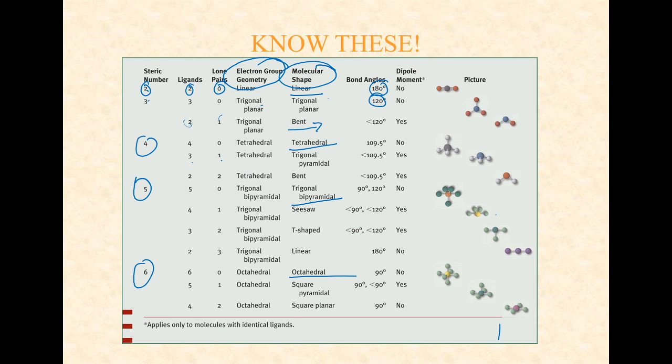So basically what you need to know is, if we give you the structure of the molecule or the chemical formula of the molecule, are you able to predict what the geometry will be based on the valence shell electron pair repulsion theory?